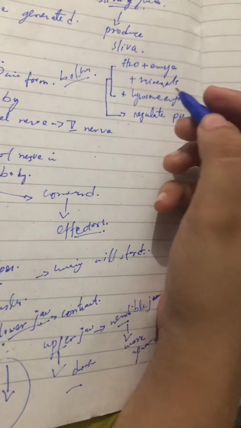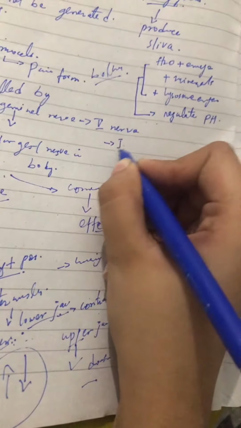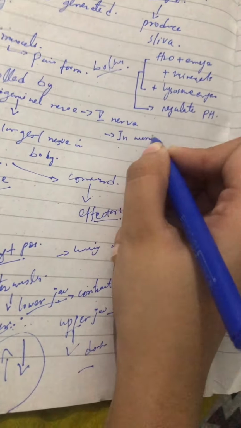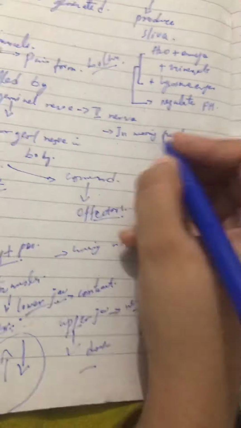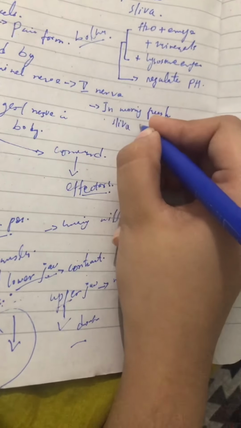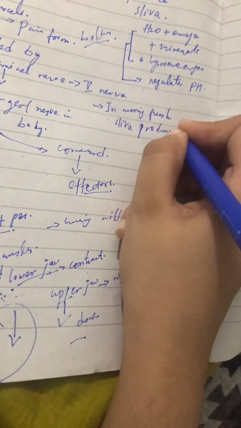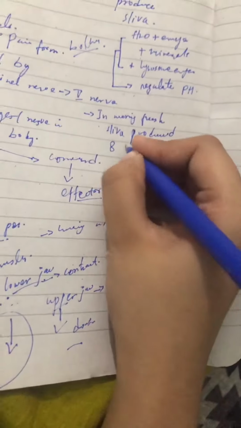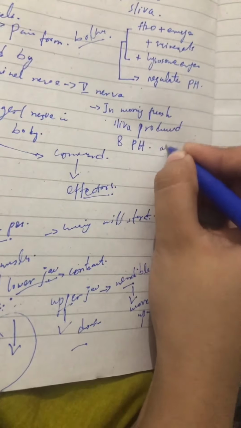Here is some information: in the morning, fresh saliva is produced at pH 8, that is, alkaline. After we eat some food, it becomes 6.8, which is slightly acidic.